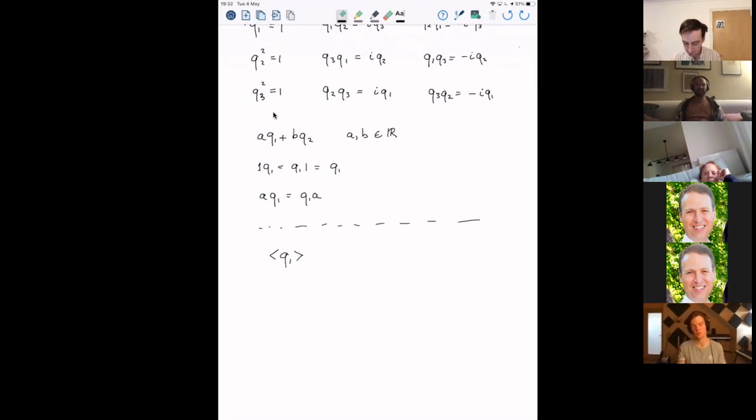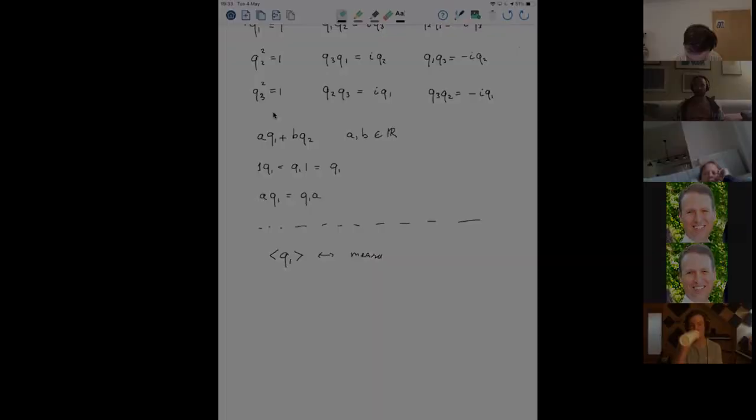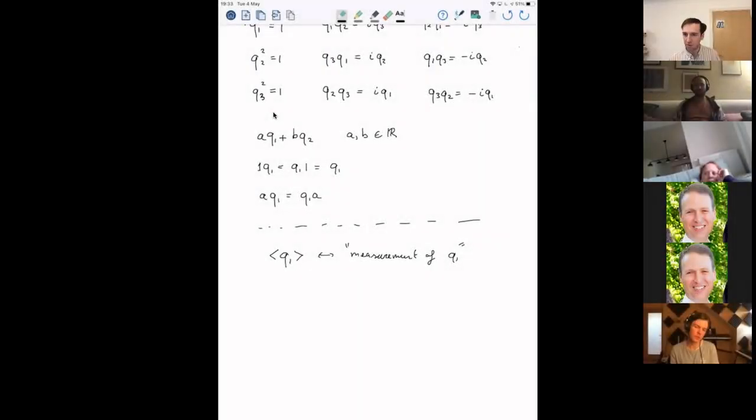So whenever you measure Q1, there's this corresponding thing that I'm calling the expectation value, and that is the thing that you can observe in a laboratory.